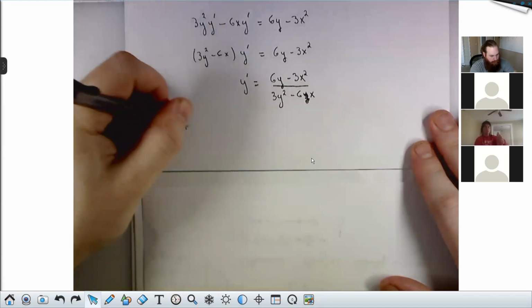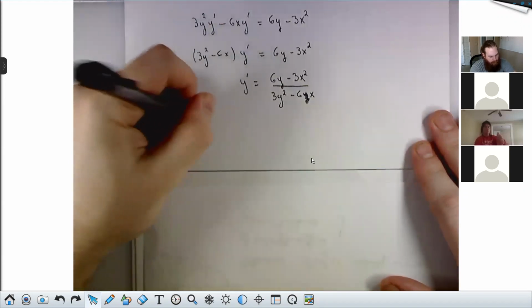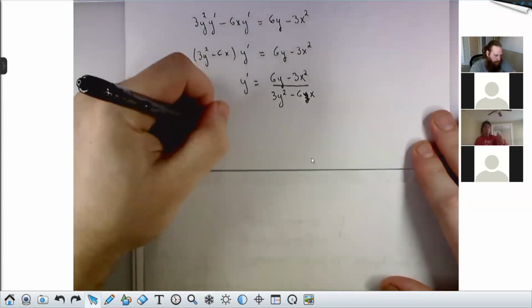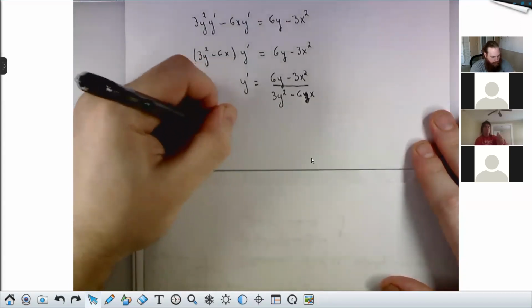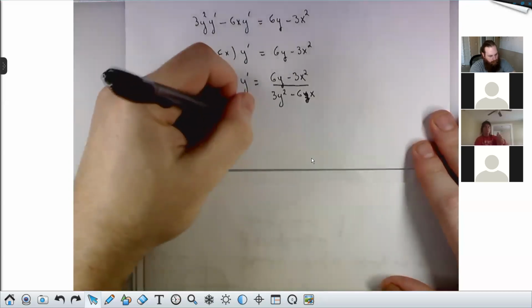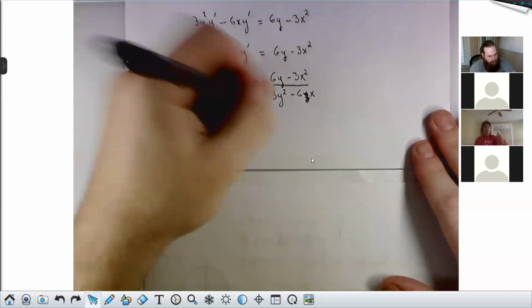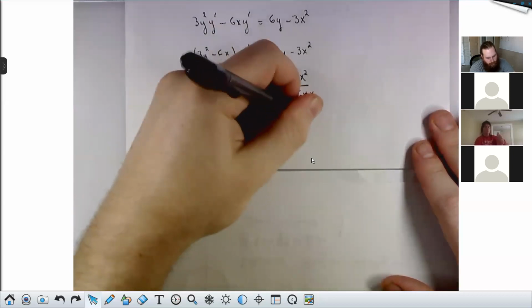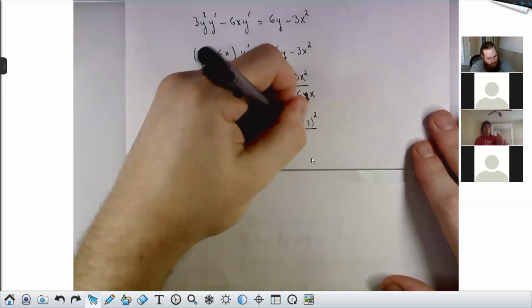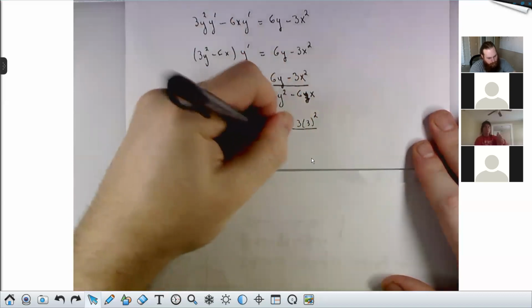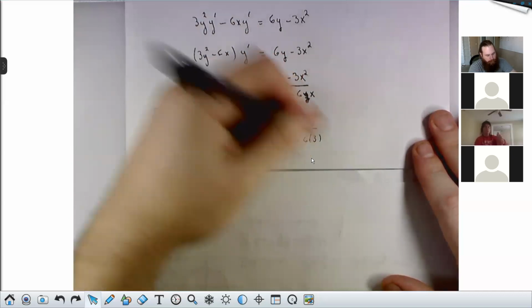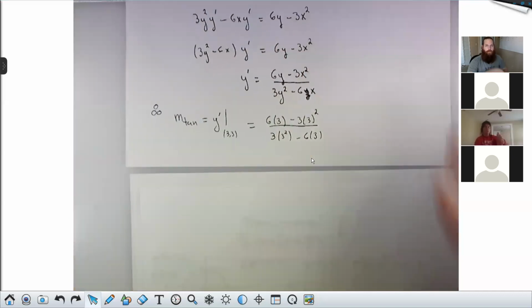So the slope of my tangent line is y prime evaluated at the point 3, 3, which is 6 times 3 minus 3 times 3 squared over 3 times 3 squared minus 6 times 3. And there's a lot of symmetry in that equation. You can probably see that.